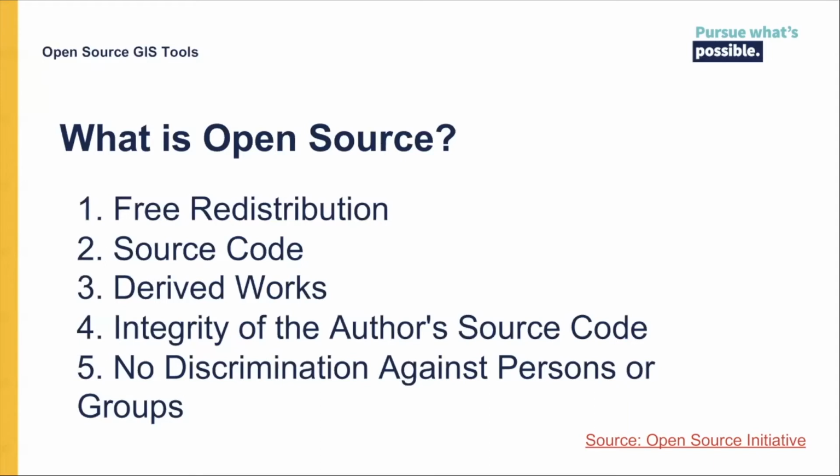Another component of open source is derived works. One should be able to have modifications for derived works, and they must be distributed under the same terms as the license of the original software. Even though that's the case, the integrity of the author's source code needs to be kept.